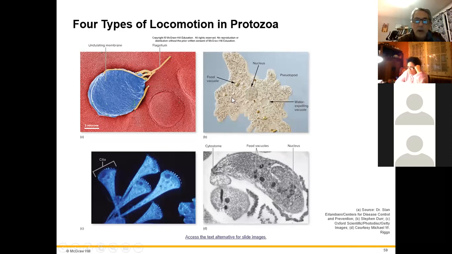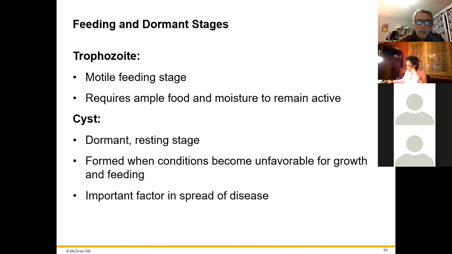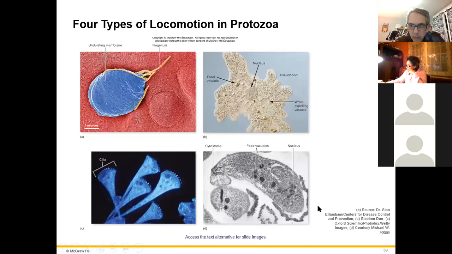You can have an amoeba, for example, with these pseudopods. It constantly changes its shape. You can have these protists with cilia on the edge here. Actually, it doesn't describe this one very well. It's a sporozoan.